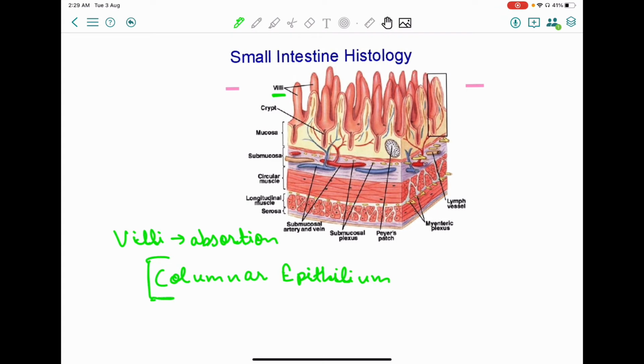It is columnar epithelium with villi and microvilli which increase the surface area. And also it has plica circularis.